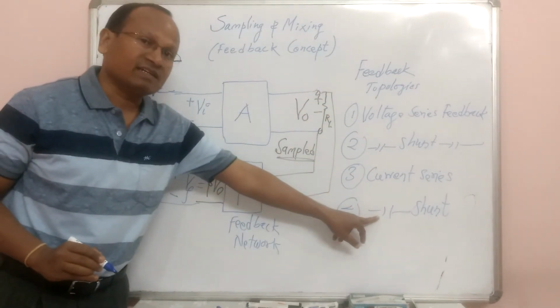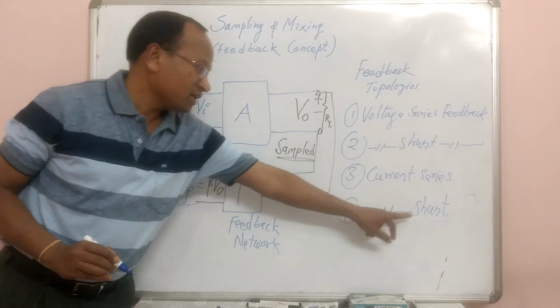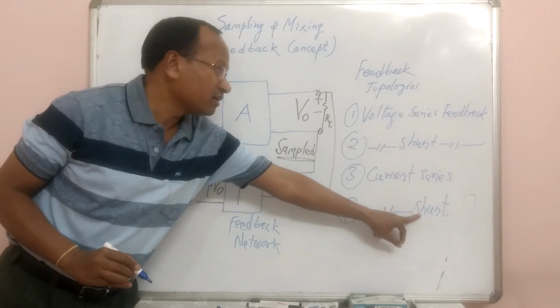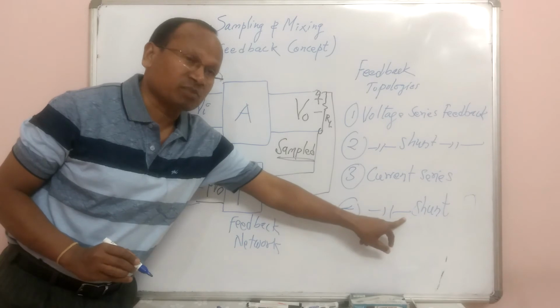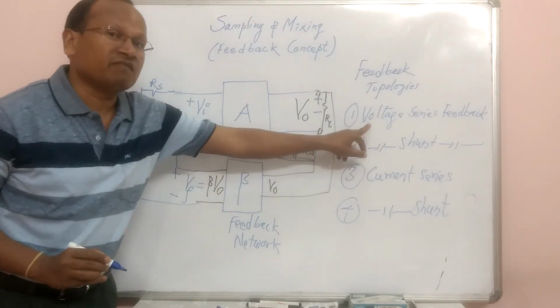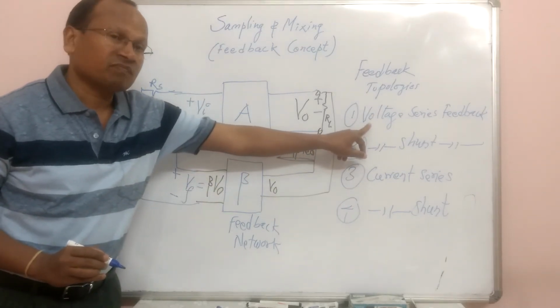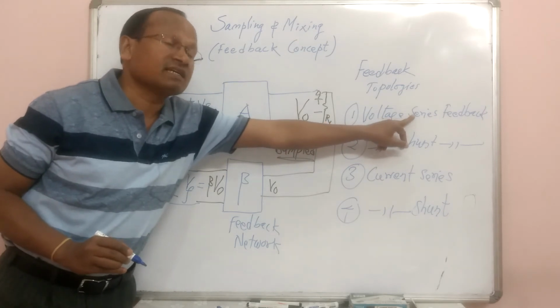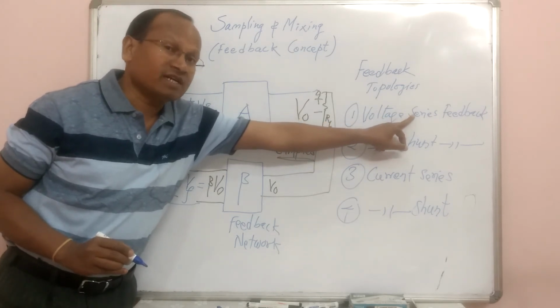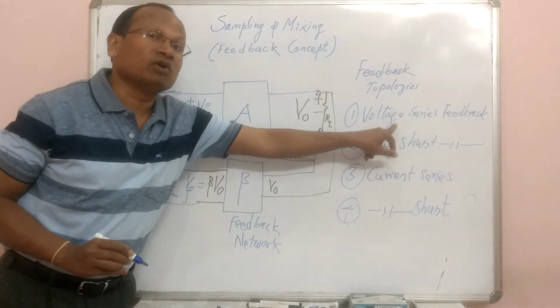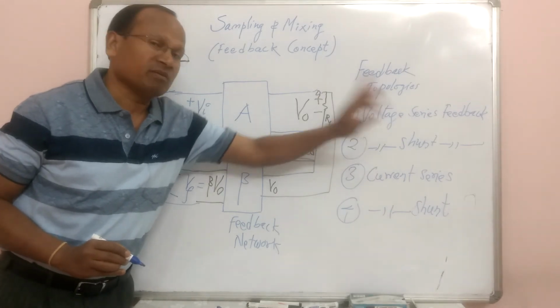Here, in current shunt, the output signal is current and the input signal is also current, and this will be a type of current amplifier. In the first topology, the output is voltage, mixing is series, and therefore the input is voltage. So this is an example of a voltage feedback amplifier.